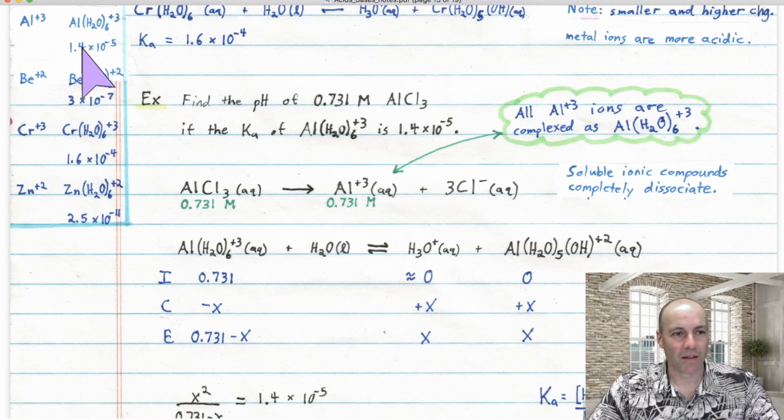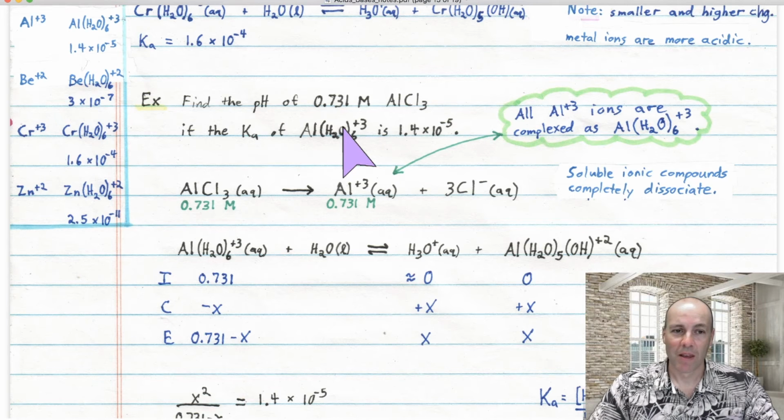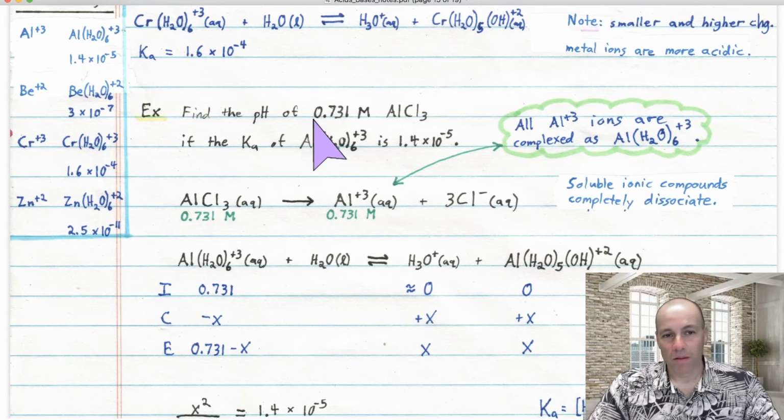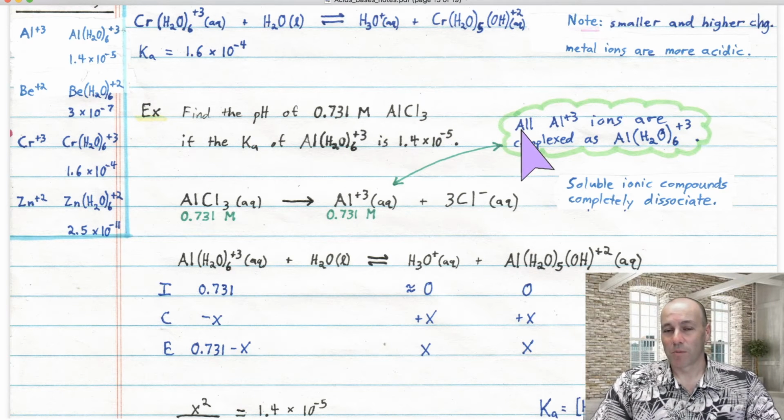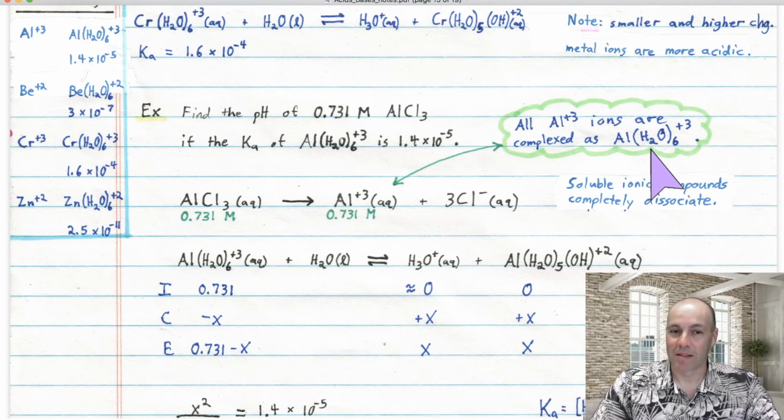And that's found in the table right there. So there's the Ka of the aluminum +3 hydrate complex. Now, when the molarity of aluminum chloride is 0.731 molarity, all of the aluminum and chloride ions are dissociated. And it's appropriate to think of all of the aluminum ions as being complexed as the hexahydrate complexes.